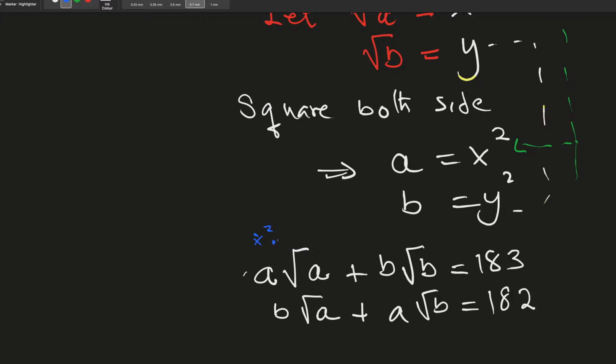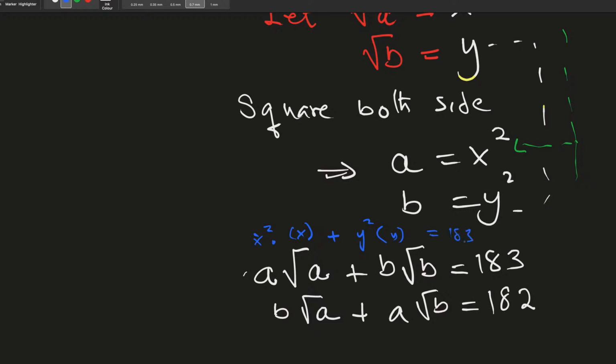And the set of a is equal to what? x. So when I put it here, plus ab, which is also y squared, multiplied by the set of b. And you know the set of b is y. So therefore, this is equal to 183.